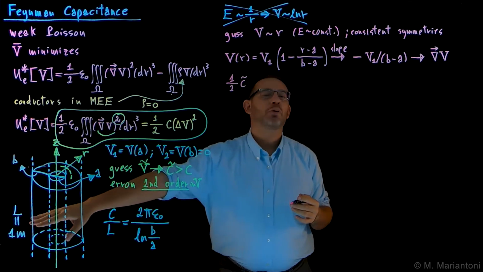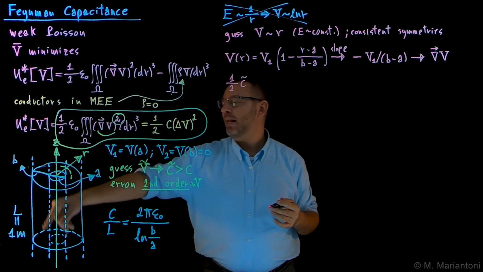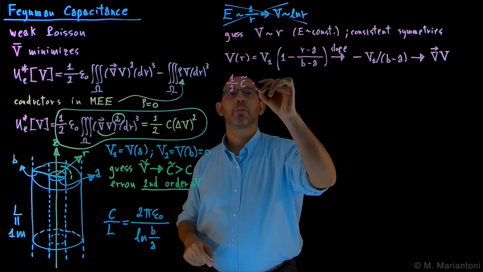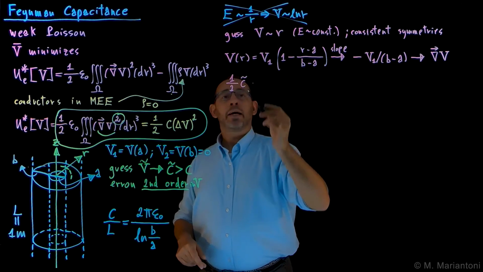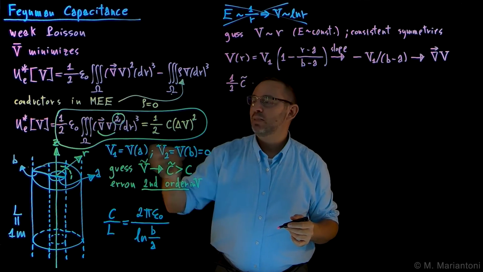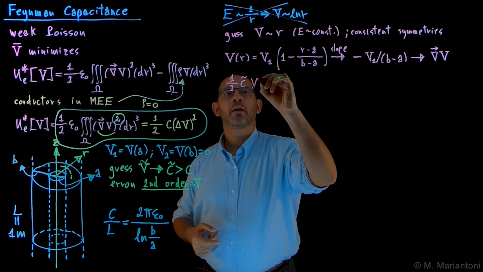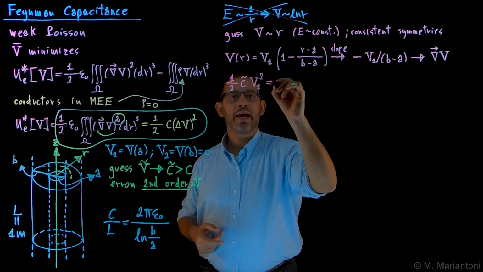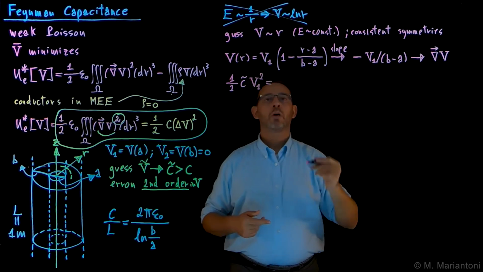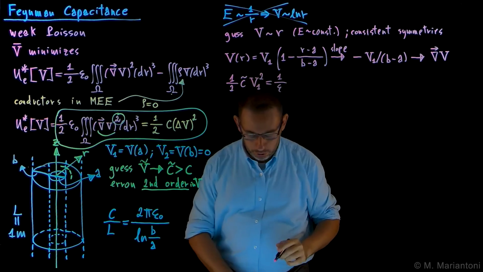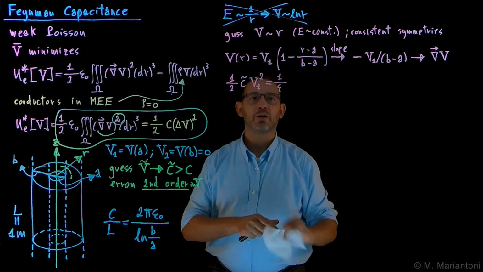Again, it's all for a unit of 1 meter, so I'm making it simple with L equal to 1 meter, and I can forget about this normalization by capital L. So 1/2 C, and then I need delta V squared, which is V1 minus V2. V2 is 0, so it's simply V1 squared. This has to be equal to 1/2 epsilon naught times this functional here.